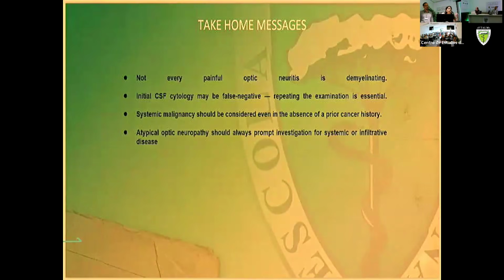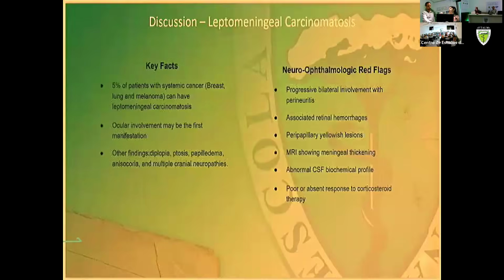So we have progression here, and we have to think about an infiltrative cause. Yes, we always have to rule out NMO and MOGAD, but in this case we have a sign in the MRI, a flattening of the posterior pole, with inversion of the papilla, like papilledema.